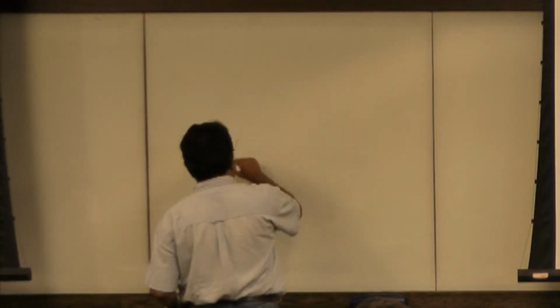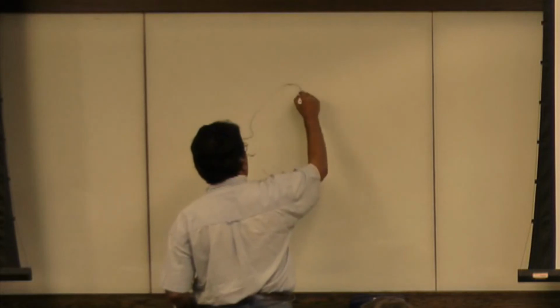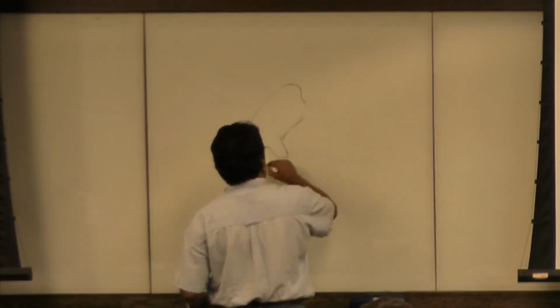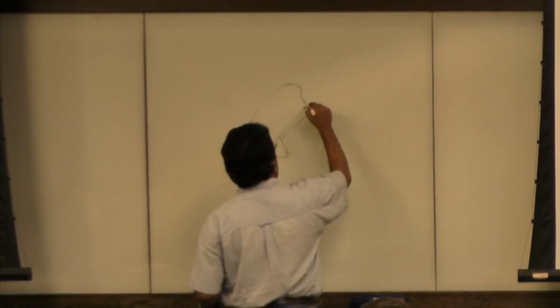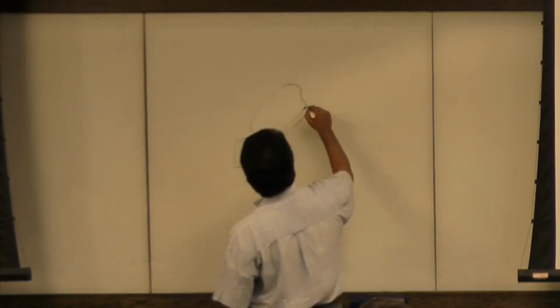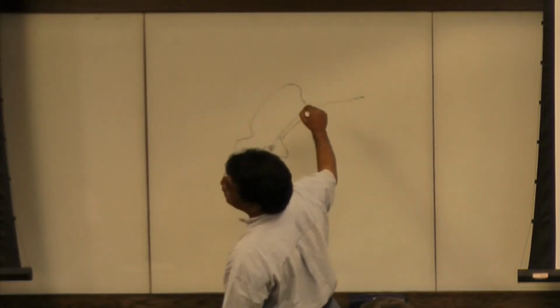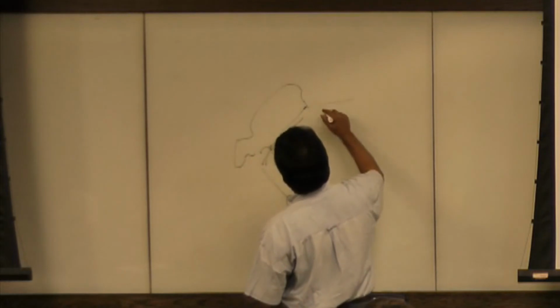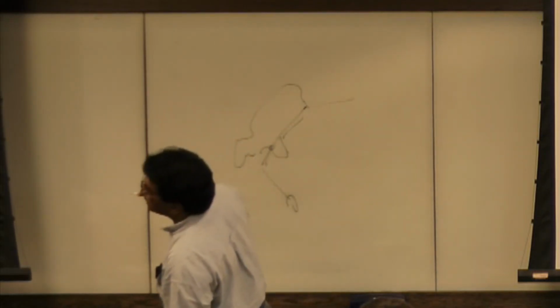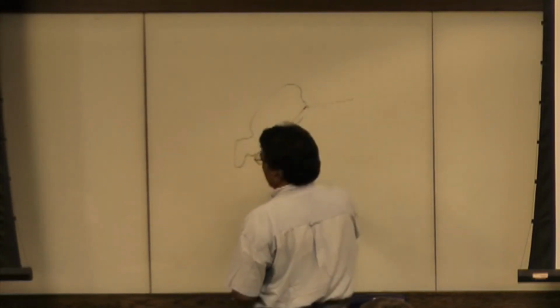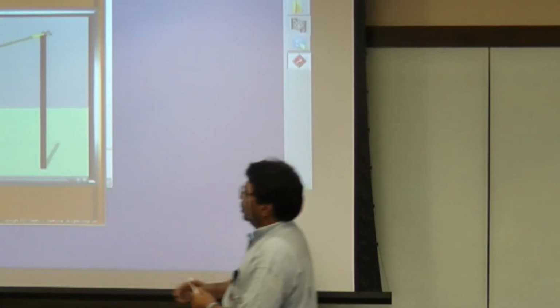How do I draw a horse? Okay, something like that. This is this link. Anyway, let's say how the horse is attached to this link.